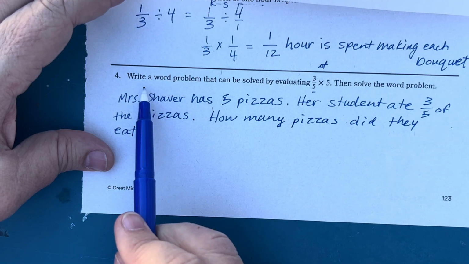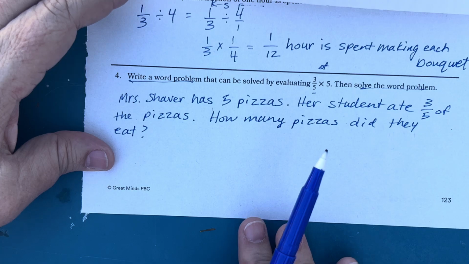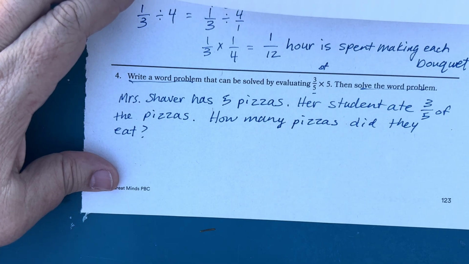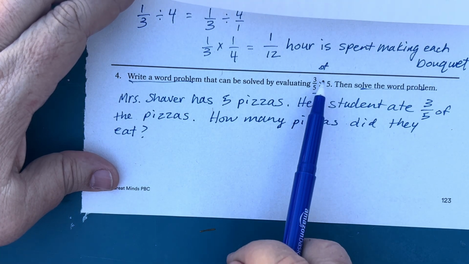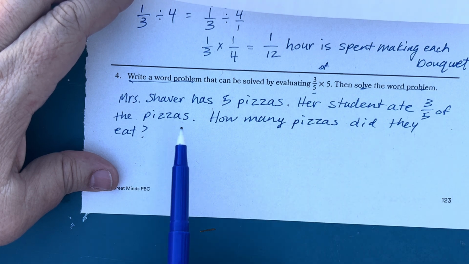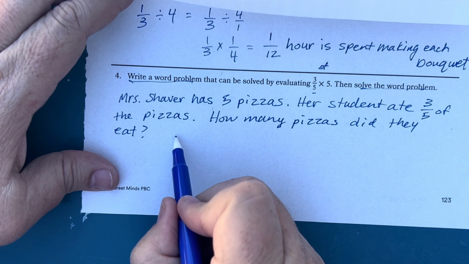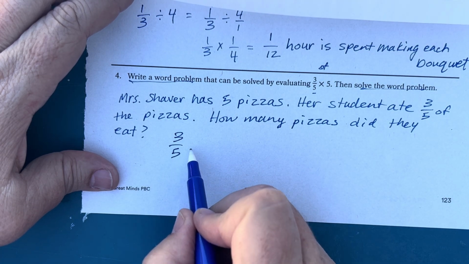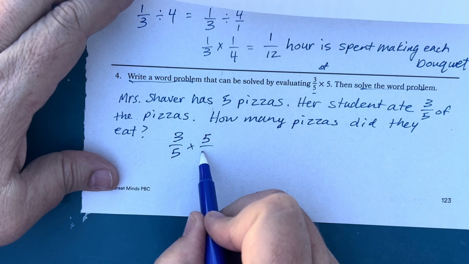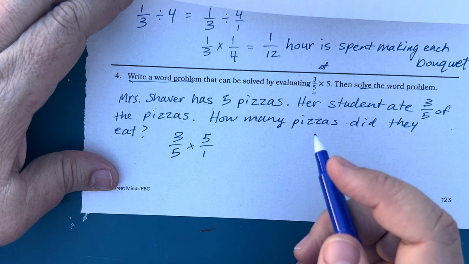So it wants us to write a word problem, which we just did, and then we're going to solve the word problem. So again, I'm going to ask myself, what amount did I start with? And we already know what our math is going to be. It's 3/5. We want to know what 3/5 of 5 is. So we could take our pizzas and multiply it together. 3/5 times 5/1, right?